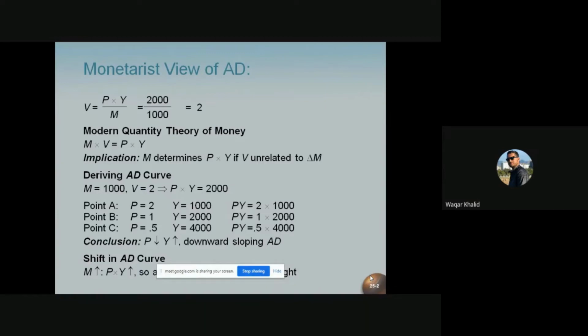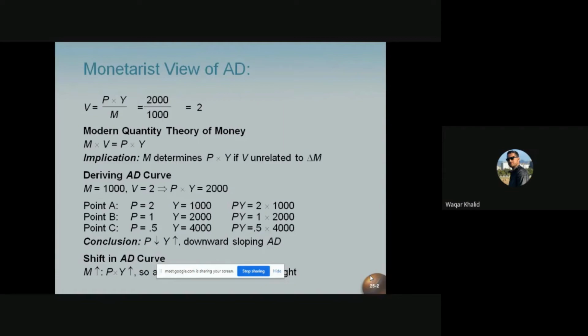The only difference is that monetarists believe that changes in the money supply are the only cause of shifts. If changes in the quantity of money occur, the aggregate demand curve will shift. But Keynesians point to changes in government spending and taxes.